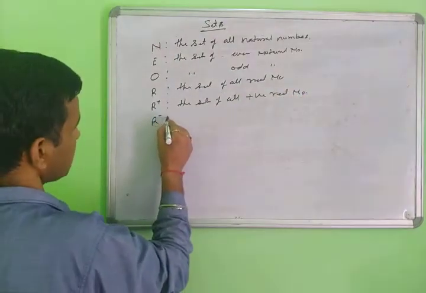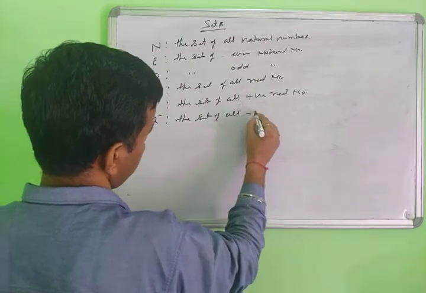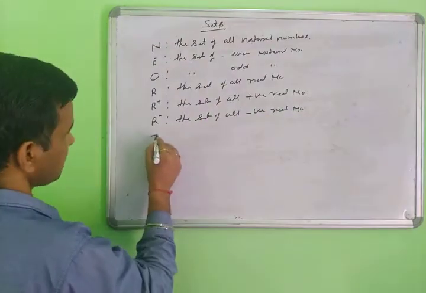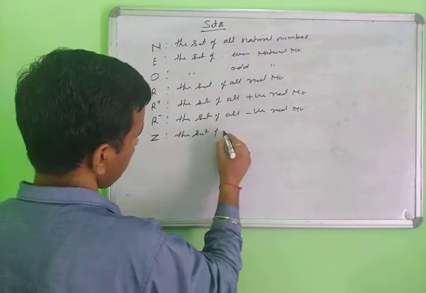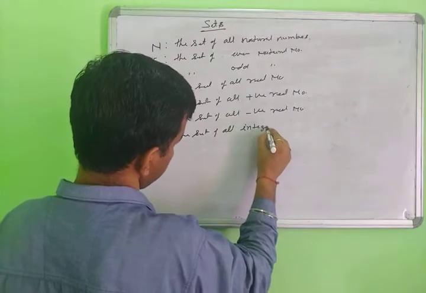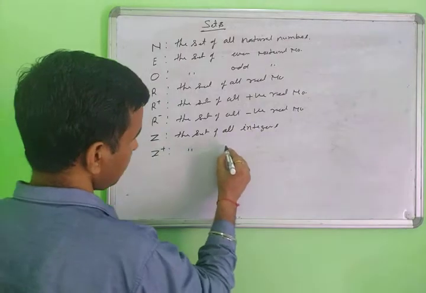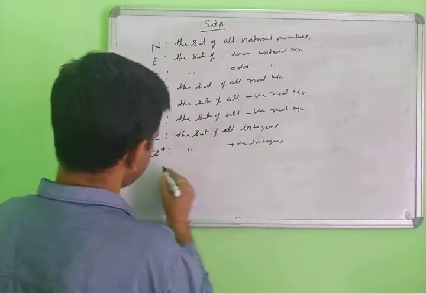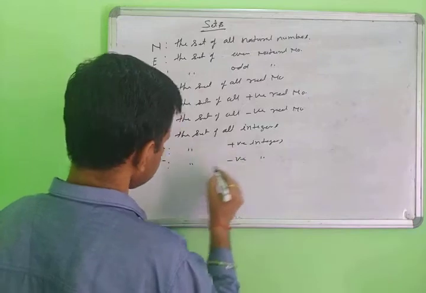Next, R minus the set of all negative real numbers. Similarly, here Z, the set of all integers. Similarly, here Z plus the set of positive integers. Similarly, here Z minus the set of negative integers.